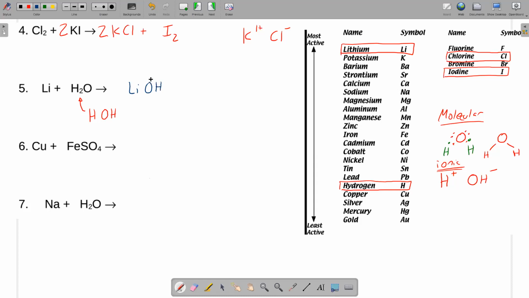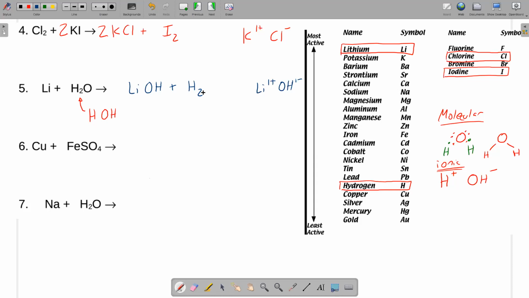Lithium is in the first column of the periodic table, so it has a charge of 1 plus, Li 1 plus, and then it's OH 1 minus. Since lithium and hydroxide each have a charge of 1, it's LiOH. And the other product is, because one of the hydrogens gets replaced, so this hydrogen gets displaced, you end up with hydrogen, H2.